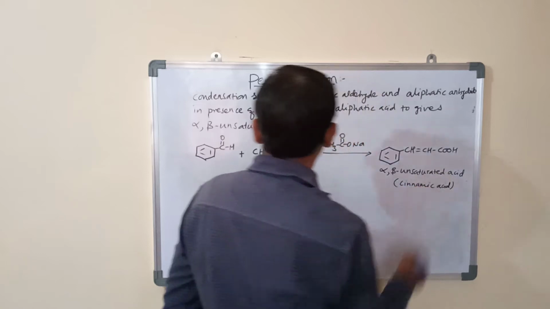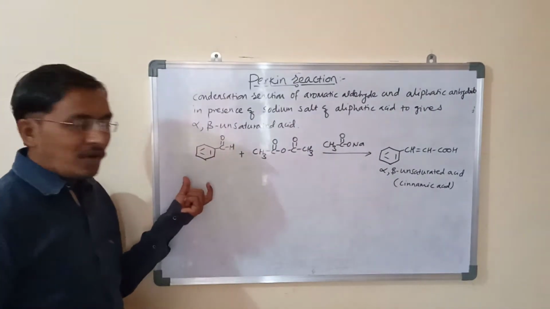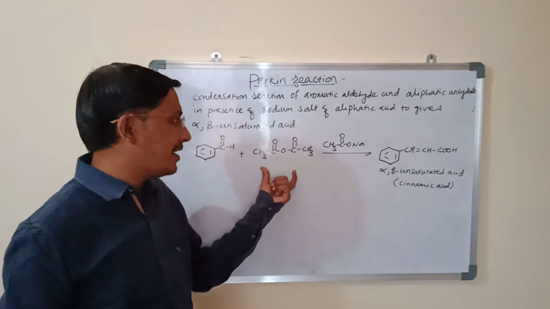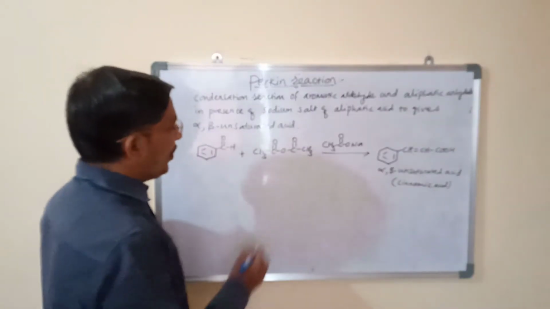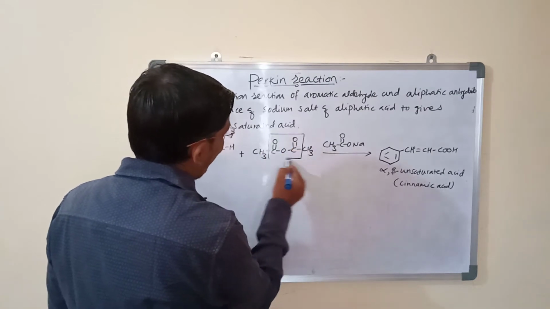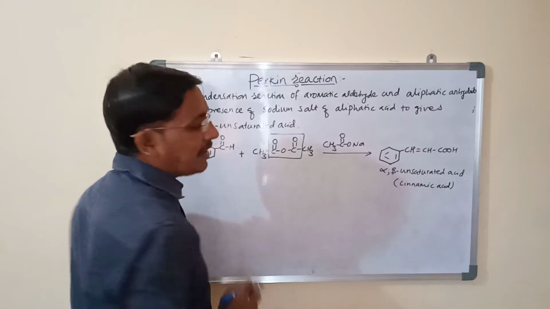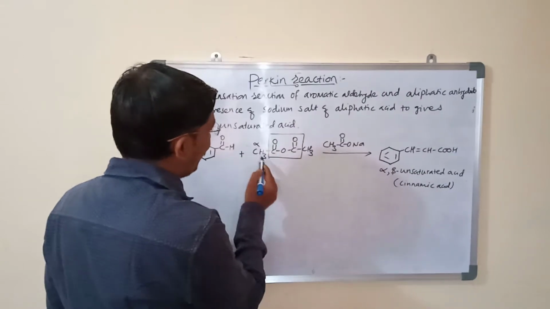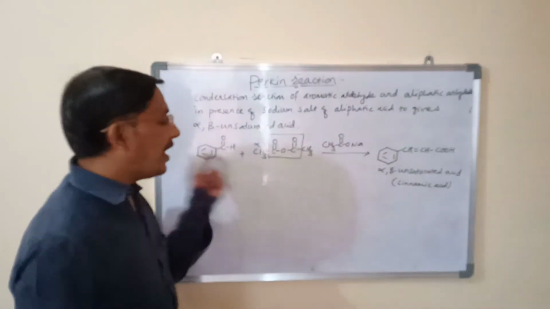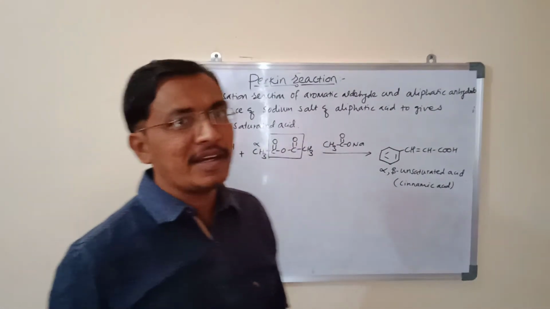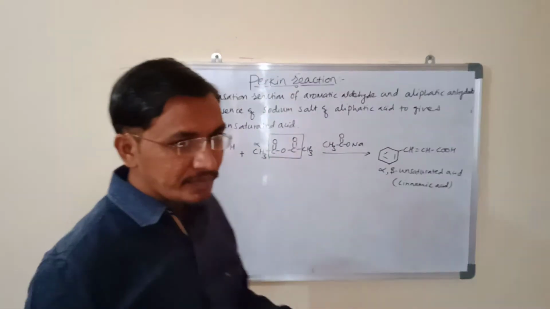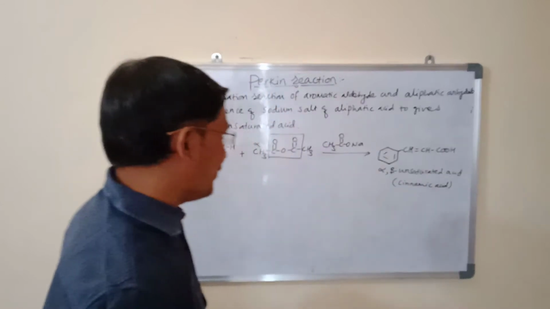The aromatic aldehyde is treated with an aliphatic acid anhydride, which requires at least 2 alpha hydrogen atoms. This is the alpha carbon, and the hydrogen on that carbon is an alpha hydrogen. Why at least 2 alpha hydrogens are necessary will be clear in the mechanism.